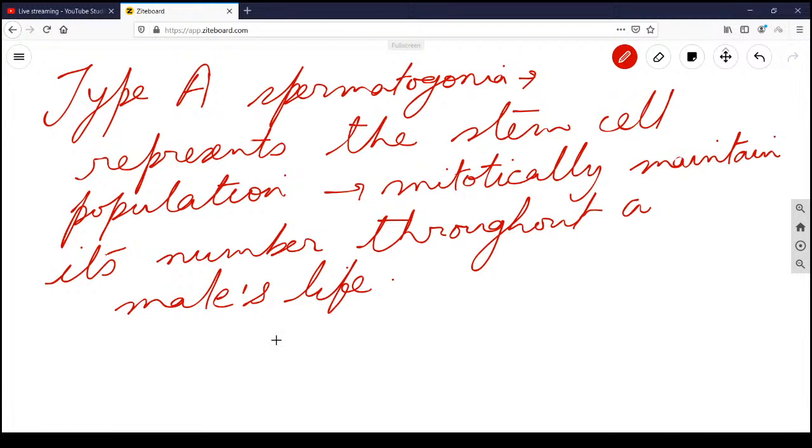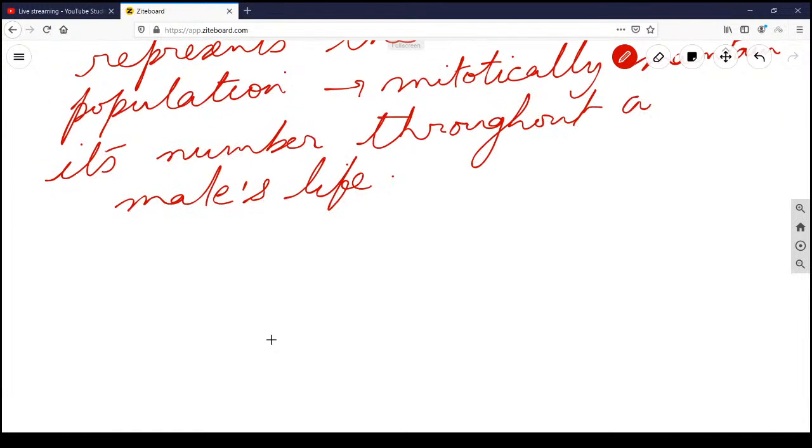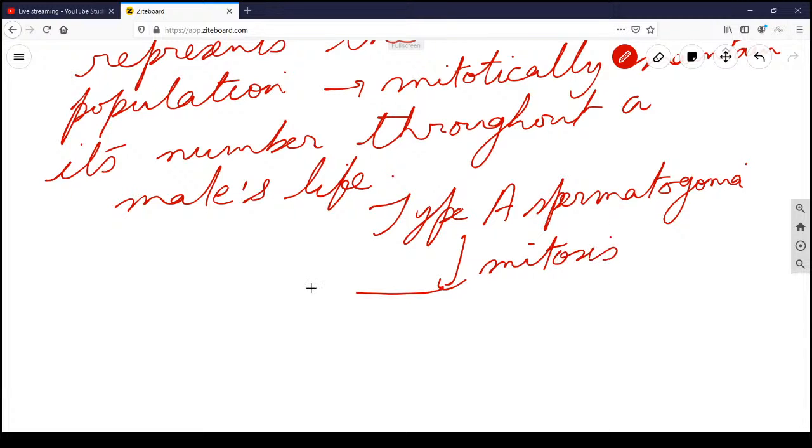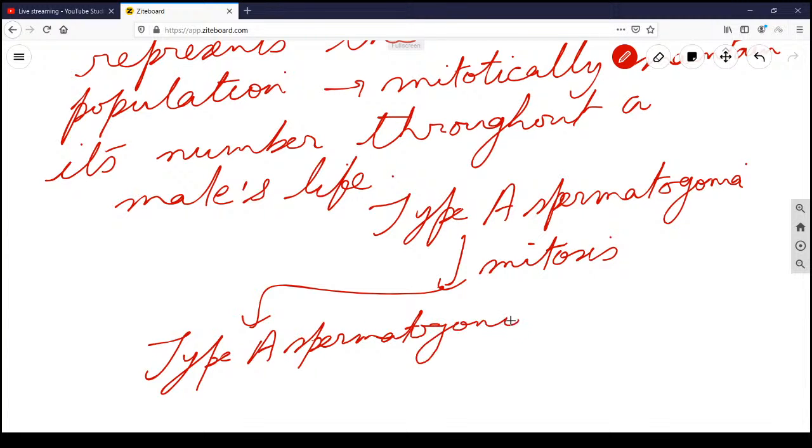Meaning that, what do I mean? The type A spermatogonia divide via mitosis to generate one more type A spermatogonium, and in the other pathway they differentiate into type B spermatogonia.